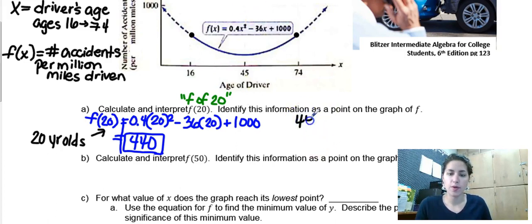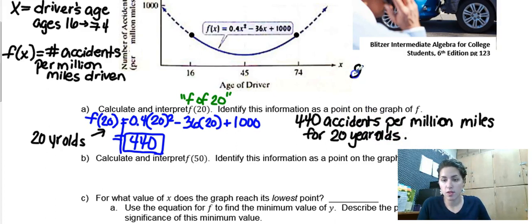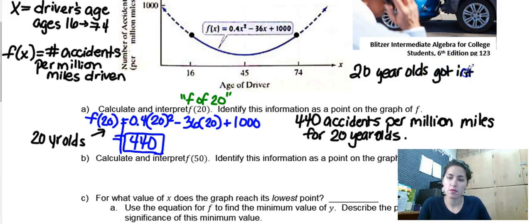We're saying 440 accidents per million miles for 20-year-olds. Or you could say 20-year-olds got into 440 accidents. Because again, I'm very clear with how I wrote it based on what I read.